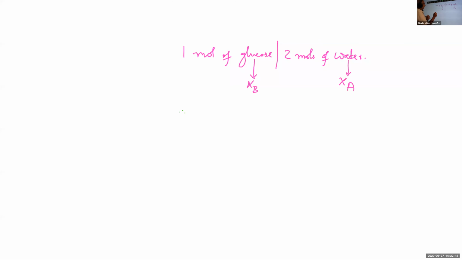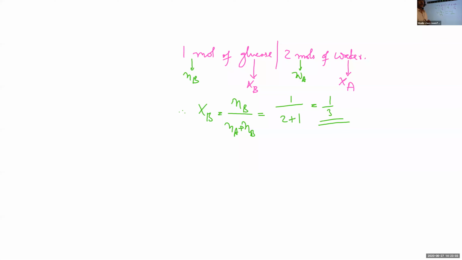Na is the number of moles of the solvent, and Nb is the number of moles of the solute. Therefore, mole fraction of glucose XB is equal to 1 by Na plus Nb, that is 2 plus 1. That is equal to 1 by 3.